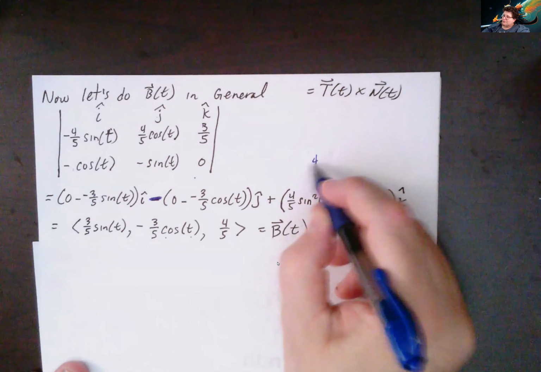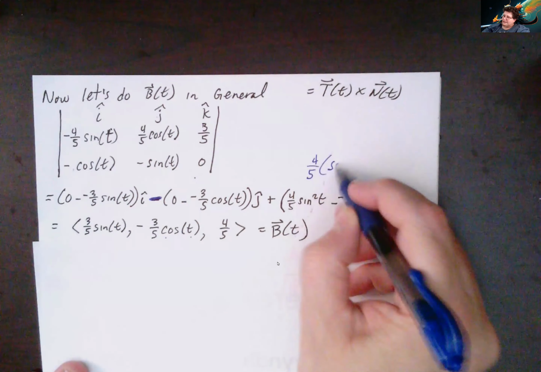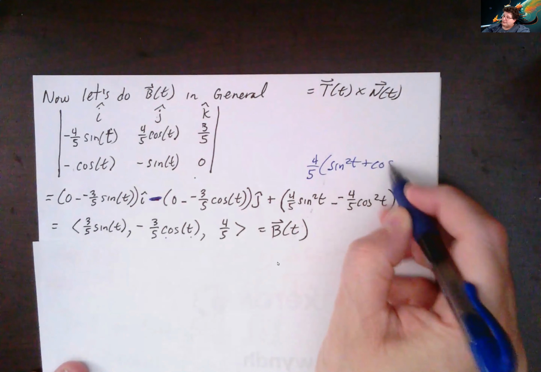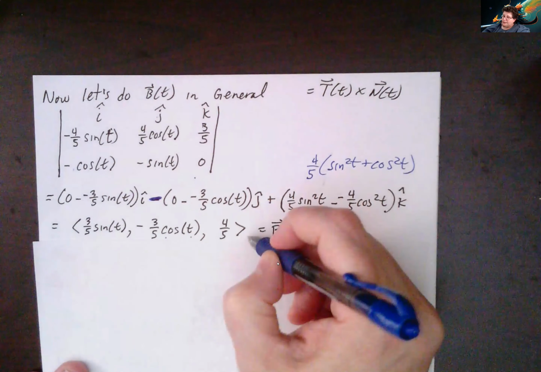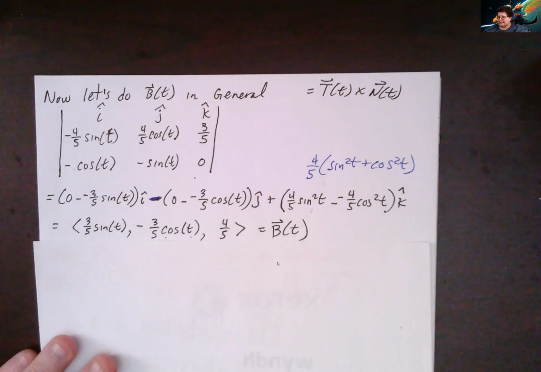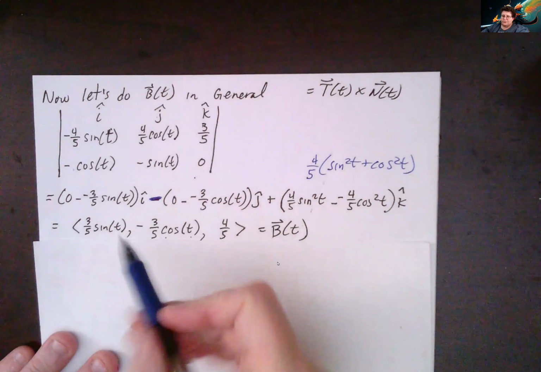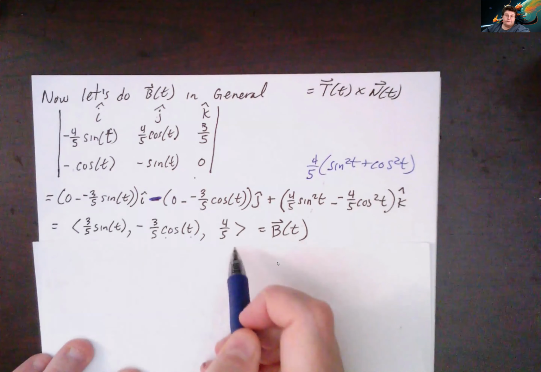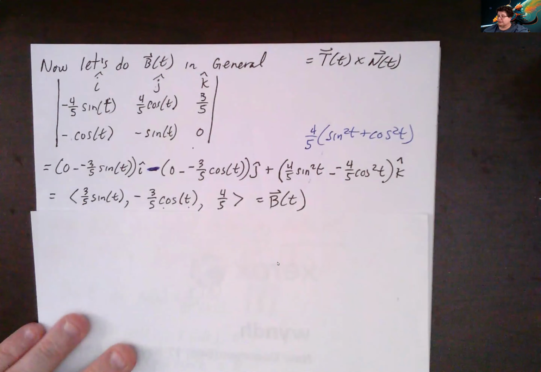Again, we can factor out the constant and have sine squared plus cosine squared equals 1. So B of t is just that. And evaluating at 0, we do get the 0, negative 3/5, and 4/5 that we got on the previous version.